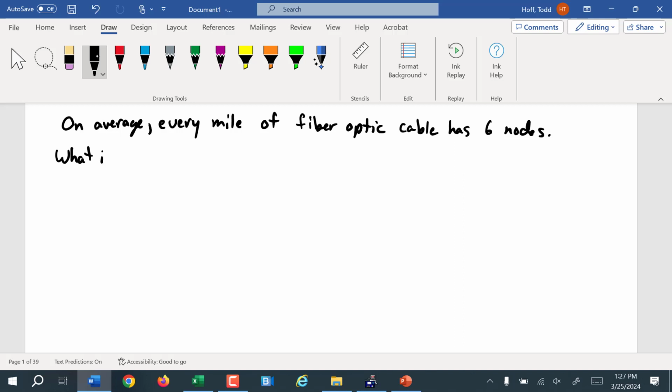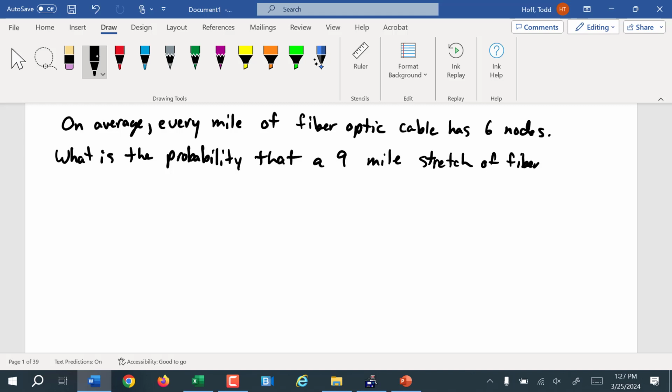What is the probability that a 9-mile stretch of fiber optic cable will have exactly 50 nodes?